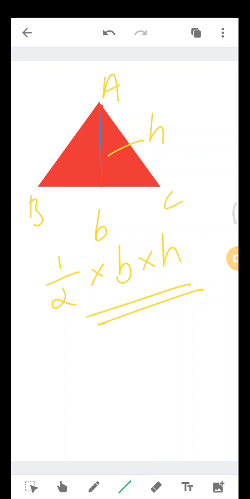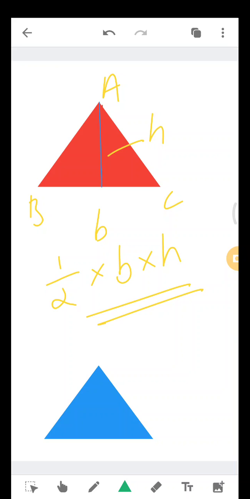Another important concept which we have to remember is that triangles on the same base and between the same parallels are equal in area. We have done even this theorem in 9th class.